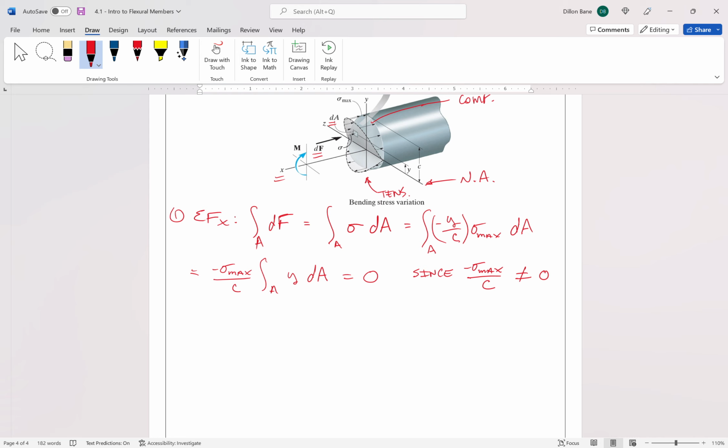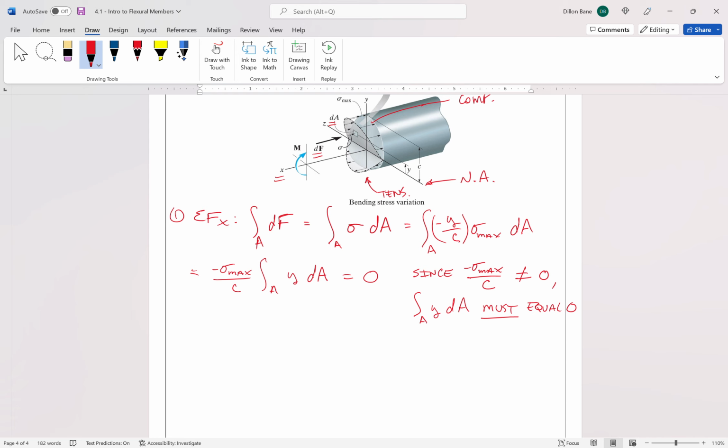They're non-zero numbers and will never equal 0. So since that term cannot be 0, the integral over A of y dA must equal 0. Knowing that it has to be in equilibrium, the integral term of the equation must equal 0.